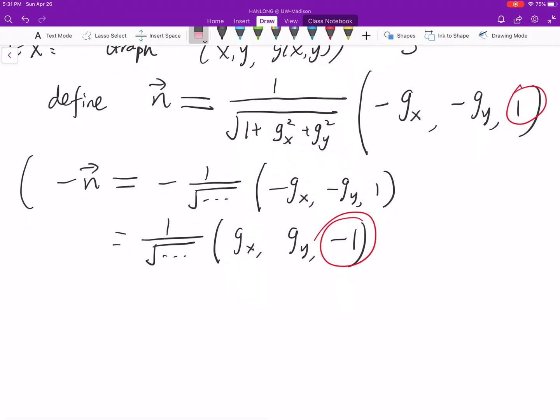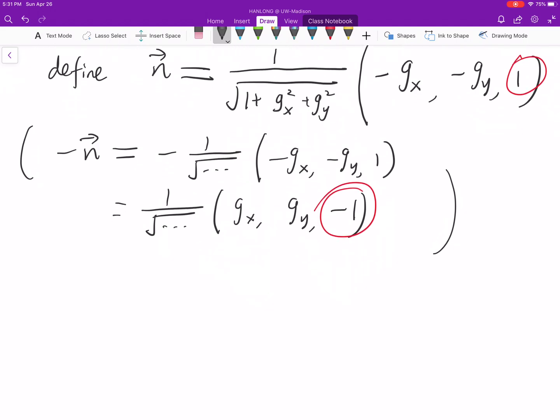So an easy way to distinguish these two orientations is to look at the last component. Notice that this orientation, I mean the n, has a positive z component.